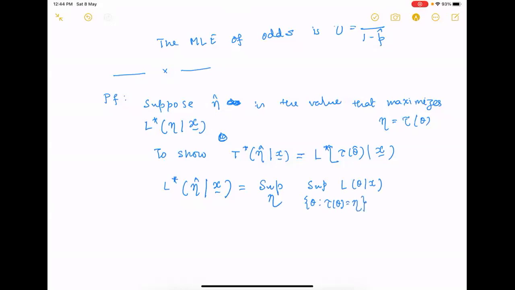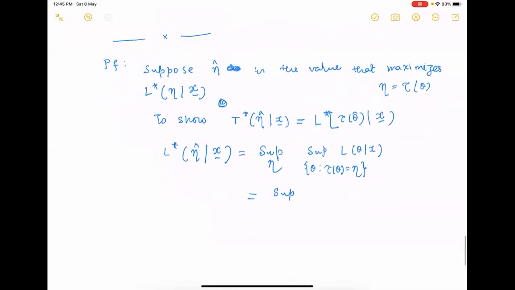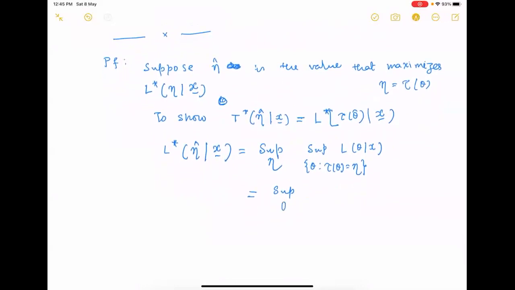So this is what we got, and what it tells us effectively is the supremum over theta of L theta given x tilde.